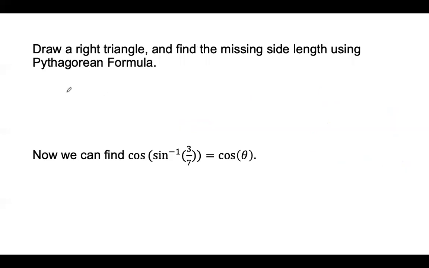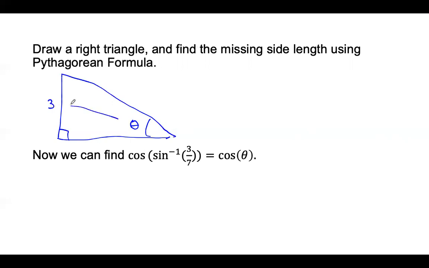So the next step is we could draw a right angle triangle. This is our theta. And we have sine of theta as 3/7. So that would be opposite, which is 3, divided by our 7, our hypotenuse.